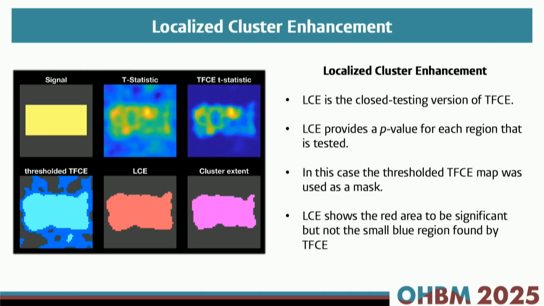It's different from the TDP analysis in that we don't provide a true discovery proportion for this area. So the statement is still that there's at least one active voxel in this region, but it has the advantages of TFCE in that it uses the information around the clusters to enhance the clusters.